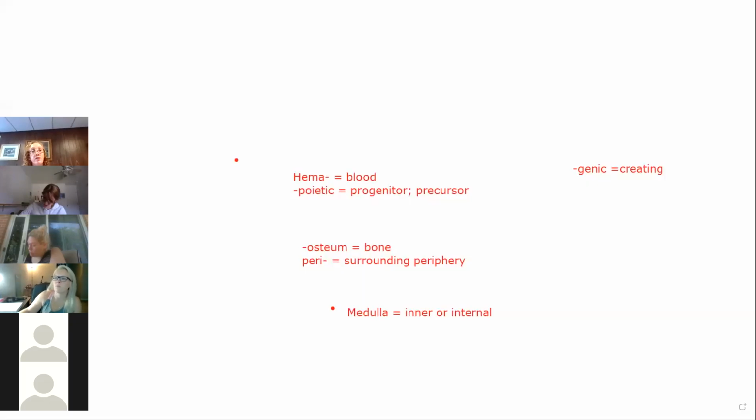So, adding some more vocabulary. Any time that you see the word blast on the end of a cell, that means a building cell or a secreting cell.